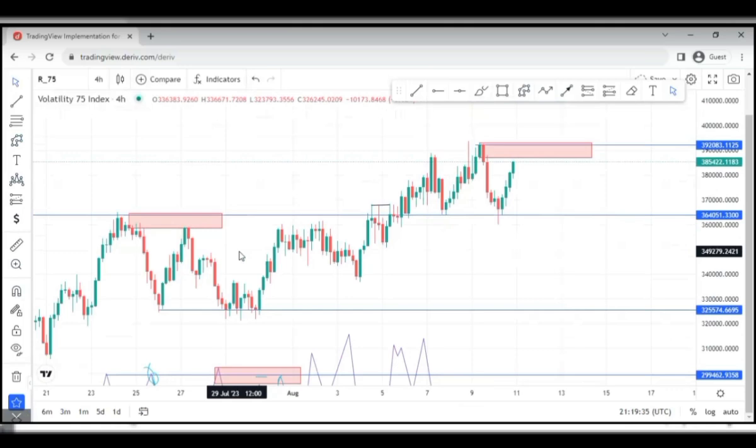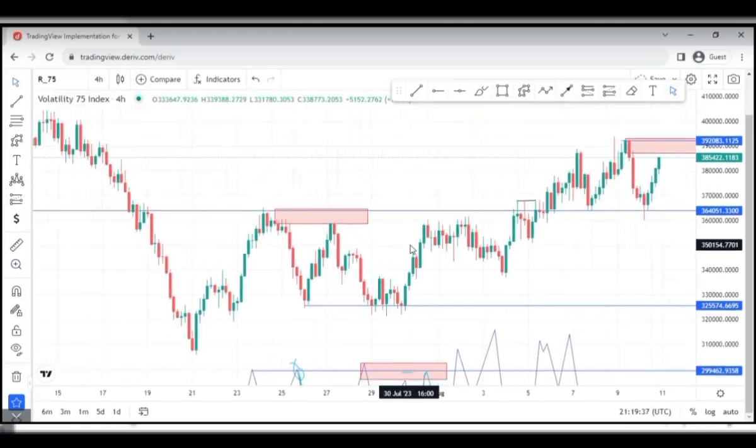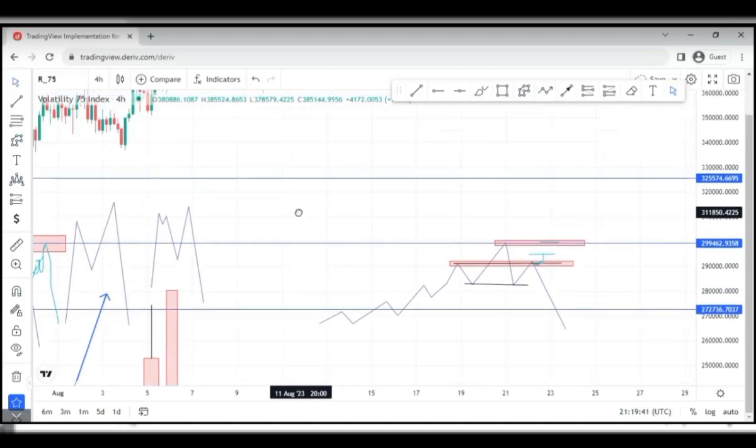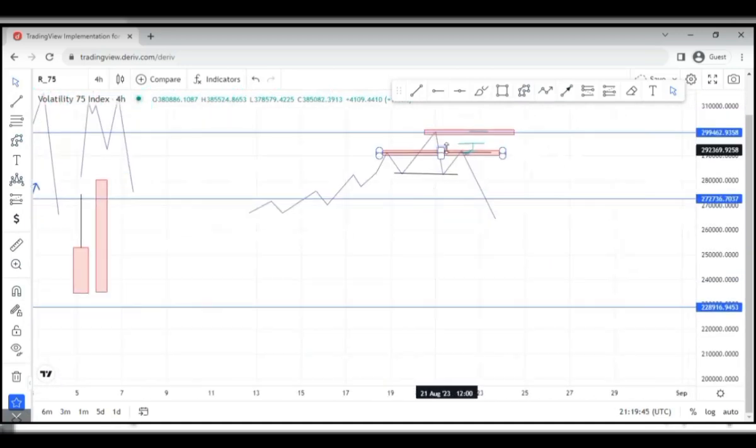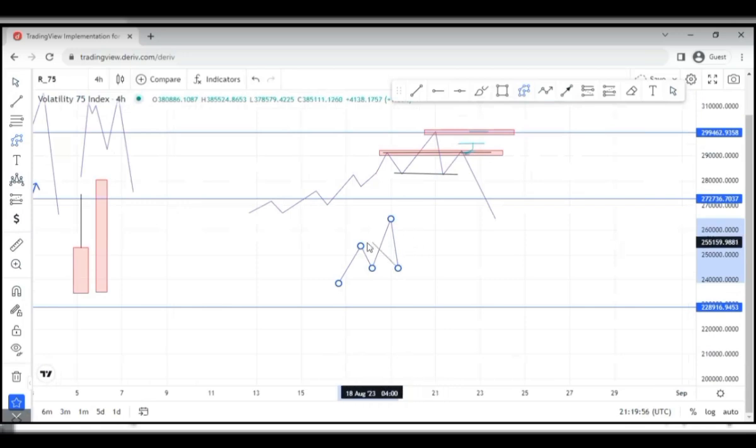Let's see if we can spot another head and shoulder. Now, before we proceed, you need to know that not all the time your head and shoulder will be perfect. Sometimes you could see some head and shoulders like this. Sometimes like this, it will go a bit higher than this one, and then fall.